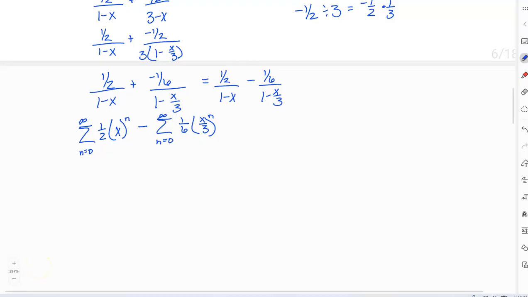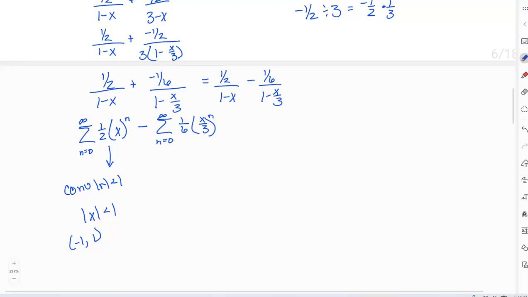So both of these are geometric series. That first one, 1/2 times x to the n, is going to converge as long as the absolute value of r is less than 1. Well, my r is x, so as long as the absolute value of x is less than 1, which means it's going to converge on -1 to 1.